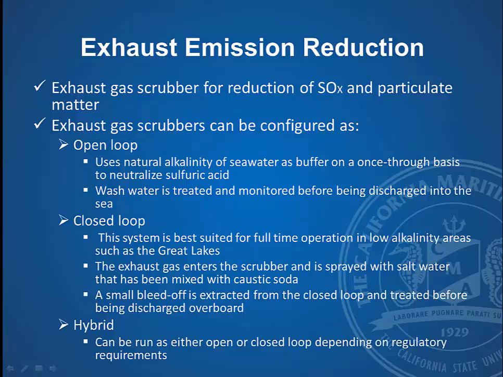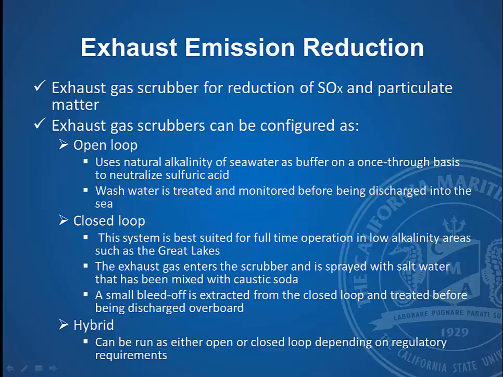So with a closed loop system, you will have very little of this effluent being discharged into the ocean. And the sludge that's created during this process will have to be stored on board and discharged safely and responsibly in the port.